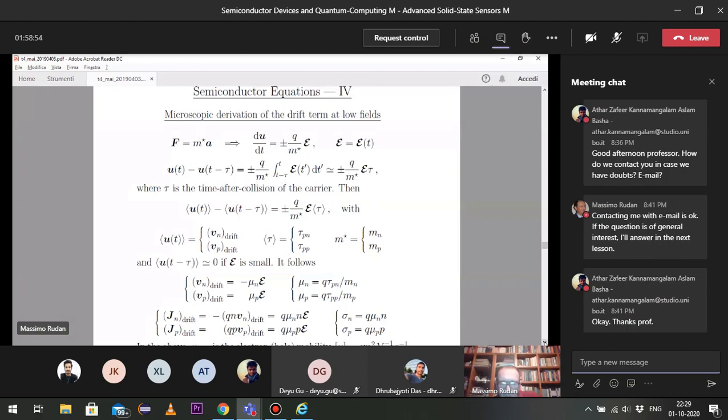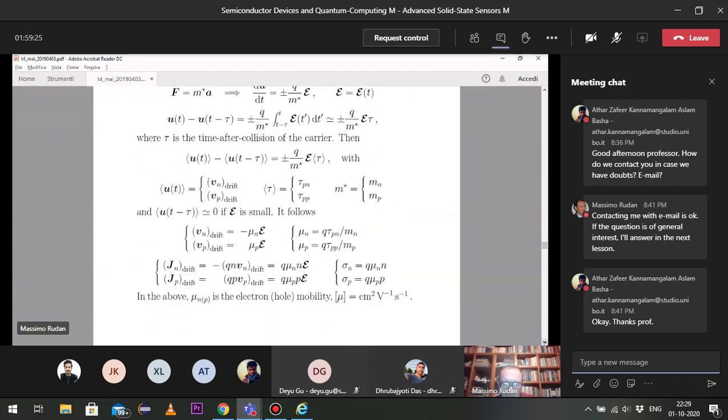This constant is called mobility of the electrons, and is indicated with mu n. Similarly, for the holes, we have Vp proportional to plus a constant times the electric field. And this constant is Q tau Pp over Mp, that is the mobility of the holes mu p.